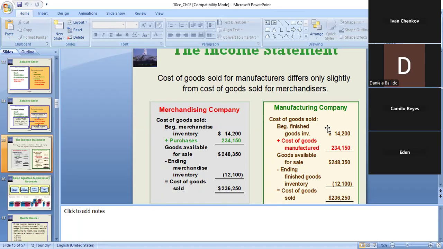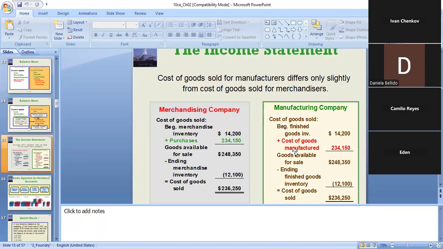Now, for the manufacturing company, we're not going to get it from the merchandising inventory. We're going to get it from the product that we produced, which will be called, in this case, finished goods. So we have to modify the terminology a little bit. Adjust your mindset now, and you know that finished goods is the final account of all the three inventory accounts. The first thing we have to do is get the beginning balance of the finished goods.